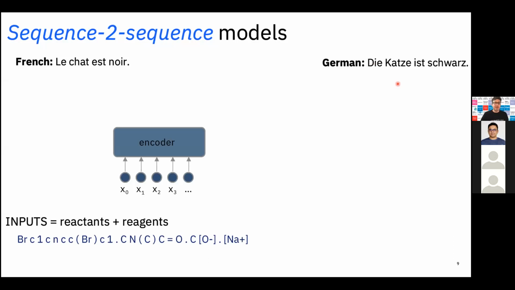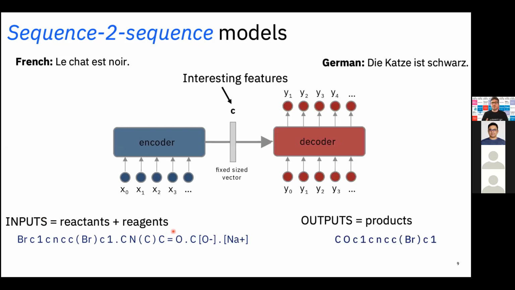And they usually have an encoder part that encodes the input, which in reaction prediction, in our case, are the reactants and reagents, and computes the most interesting features from that input. And on the other side, you have a decoder that sequentially decodes the most likely product until it predicts an end token, and we know that the SMILES is complete.